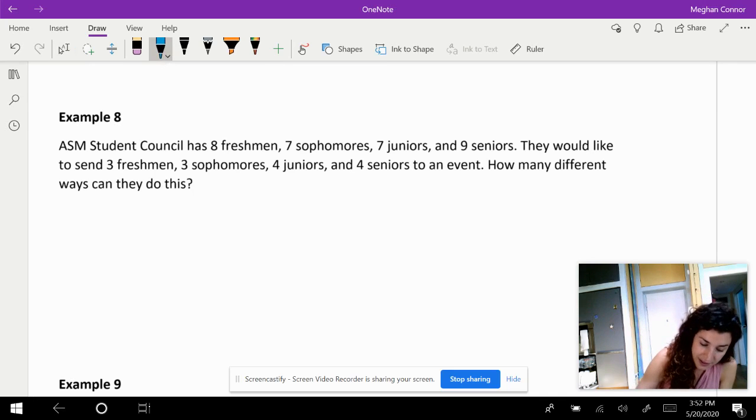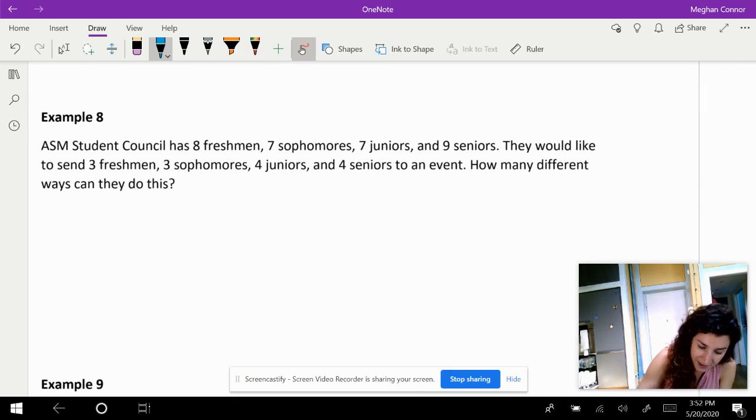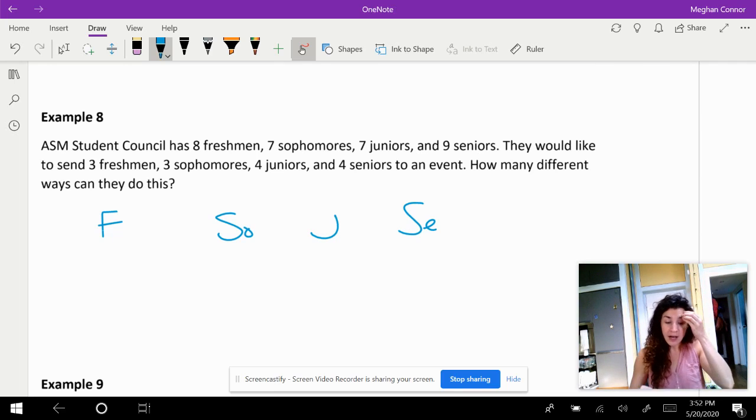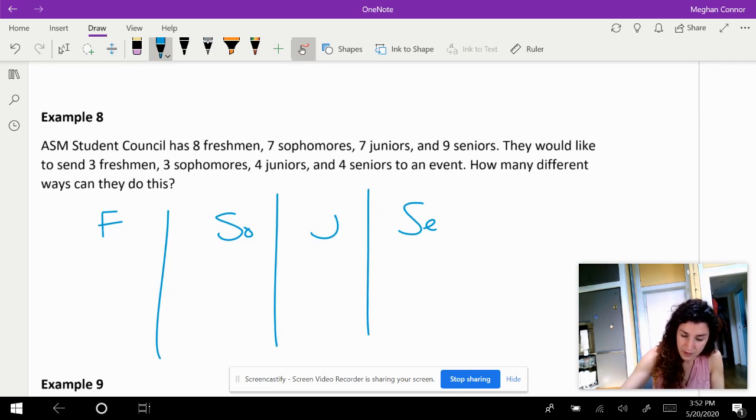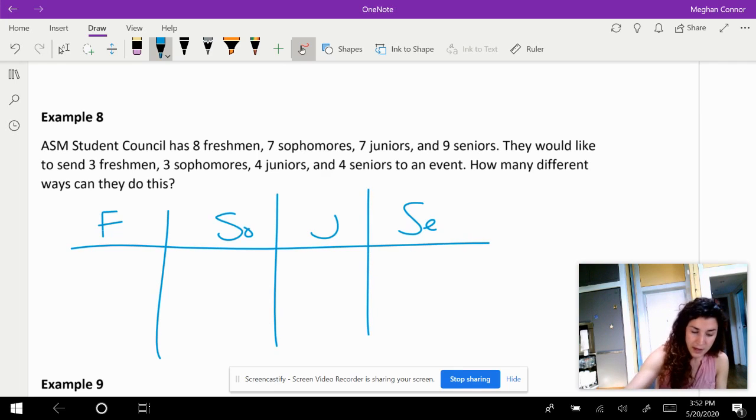So to recap, we have freshmen, sophomores, juniors, and seniors. And the combinations for each of them go: we have a total of 8 freshmen, and we're choosing 3 to go.